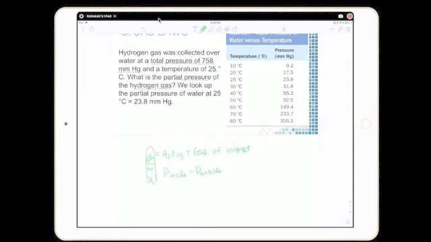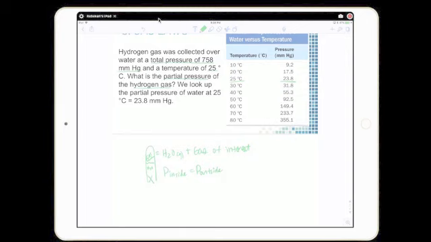So we actually look it up, and 25 degrees C is 23.8 millimeters of mercury for my water pressure. So they give us a total pressure of 758 millimeters of mercury. They give us a partial pressure of the hydrogen gas, they want us to find that. And they tell us the P vap, the vapor pressure of water, is 23.8 millimeters of mercury.